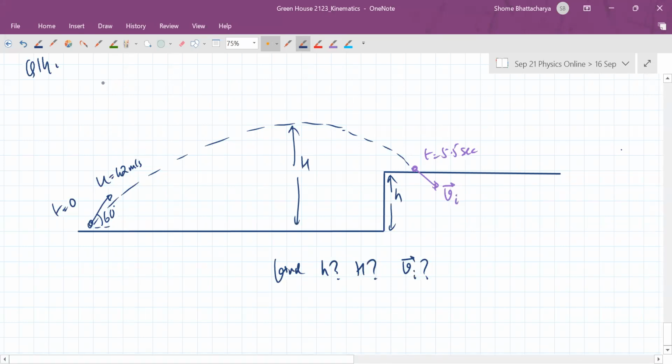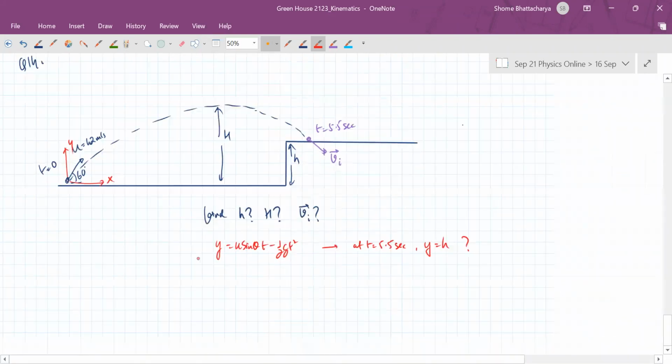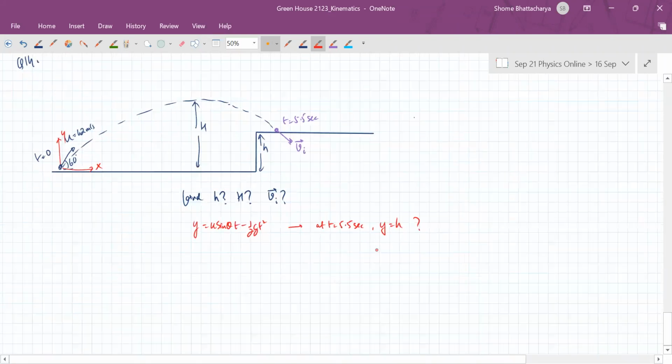So just try this out. Use the time-based equations. Taking your axis like this, take your y coordinate as u sine theta t minus half gt square. Now at t equal to 5.5 seconds, your y coordinate should be h. You can find out that h. And then once you found that, maximum height capital H will come from the formula.